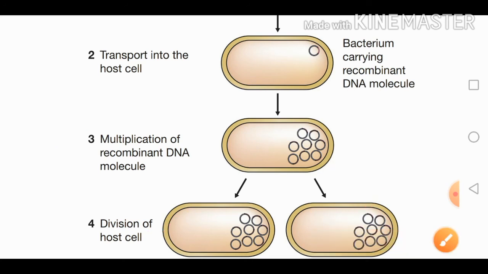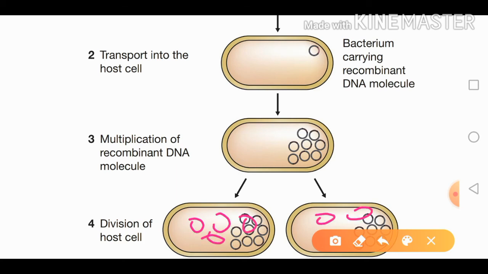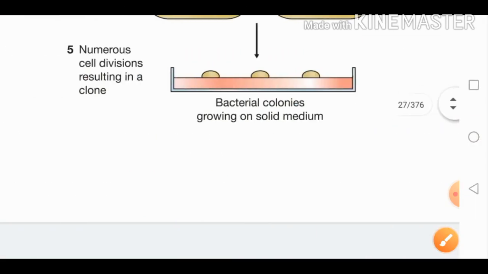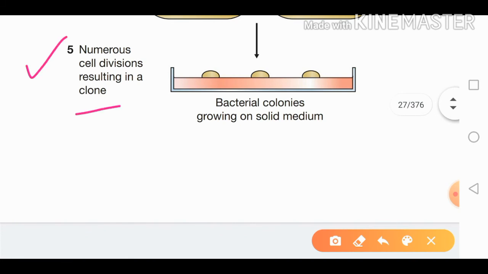So the recombinant DNA molecule is multiplied in the host cell. And finally, the last step is numerous cell divisions resulting in the clone.